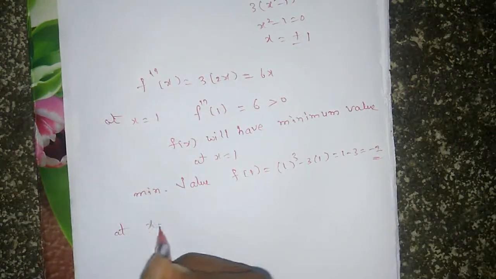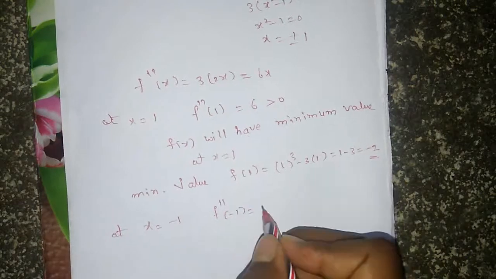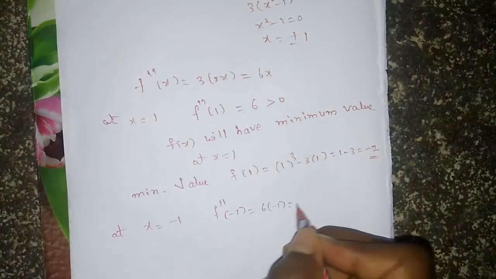Similarly at x is equal to minus 1, f double dash of minus 1 is equal to 6 into minus 1, that is equal to minus 6.